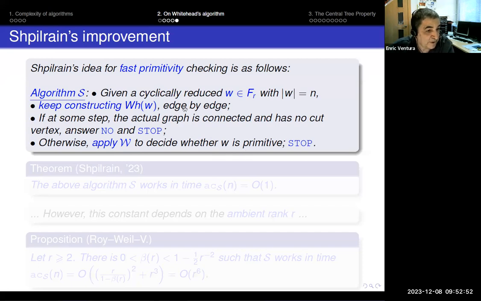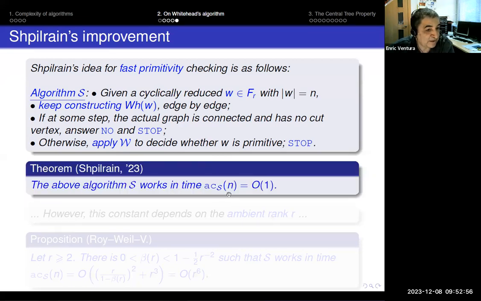Yeah? With this improvement, the average case complexity is surprisingly going down to constant.